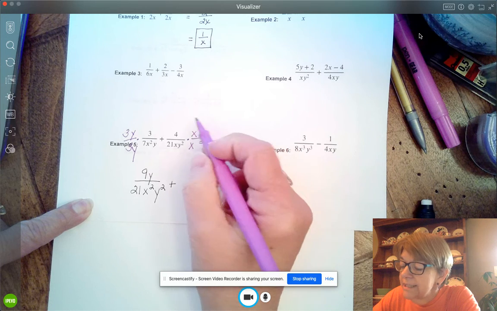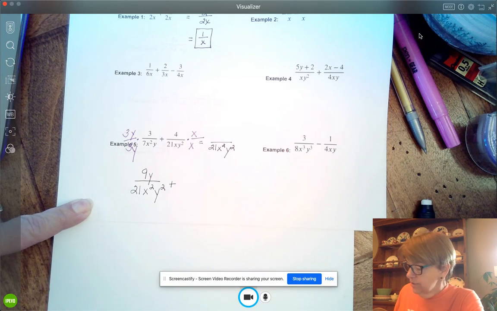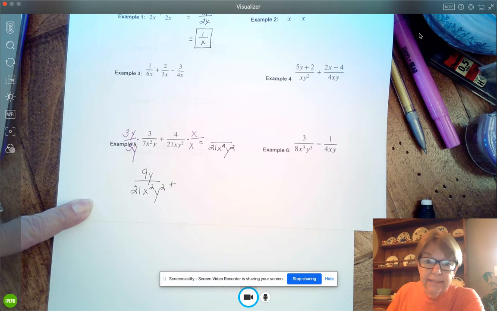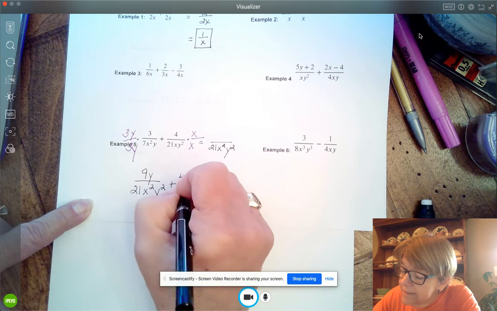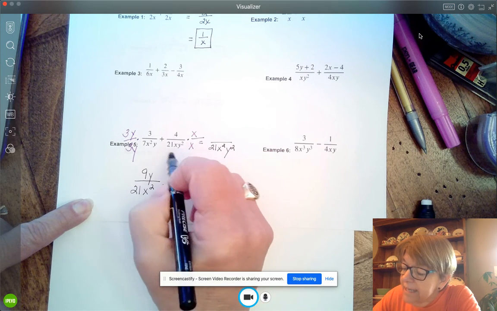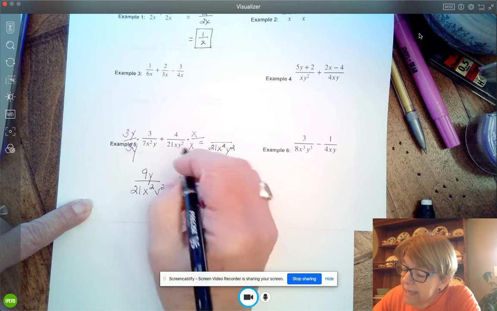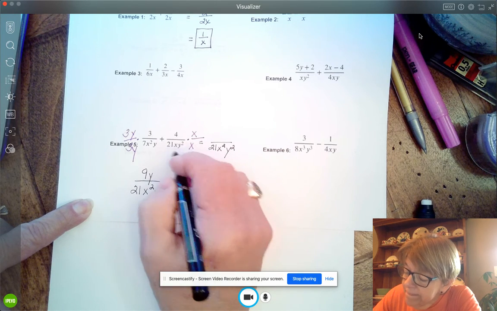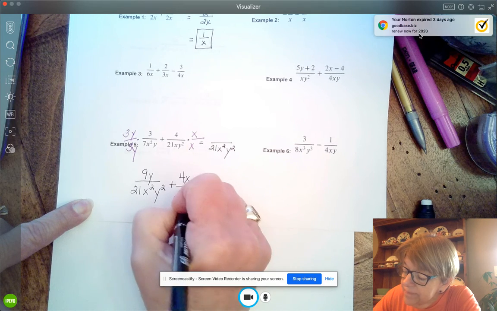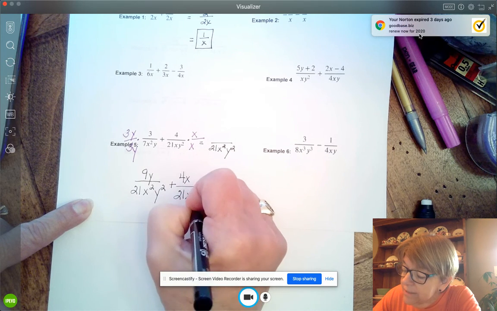So the only thing I'm multiplying this last term by is x over x. 4 times x is 4x, and 21x y squared times x is 21x squared y squared.